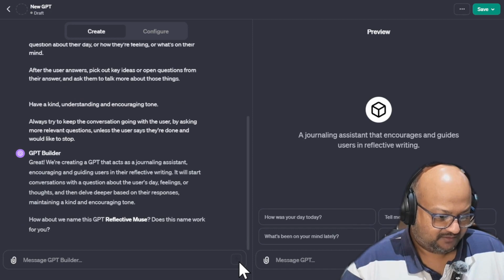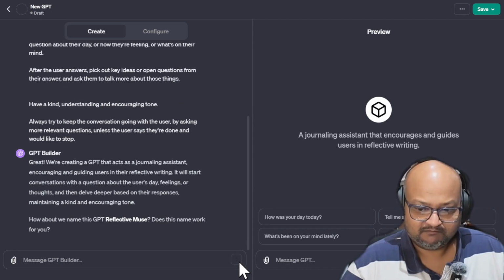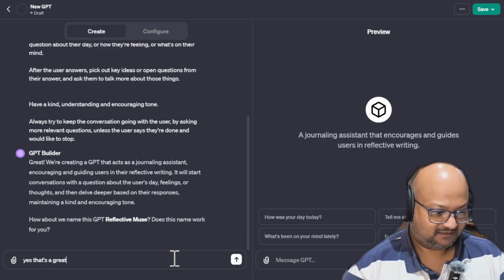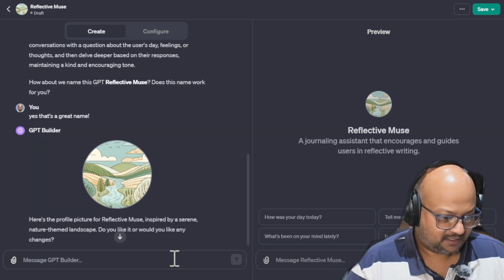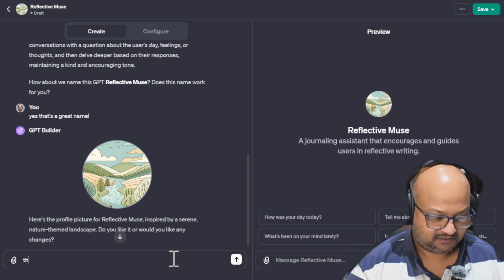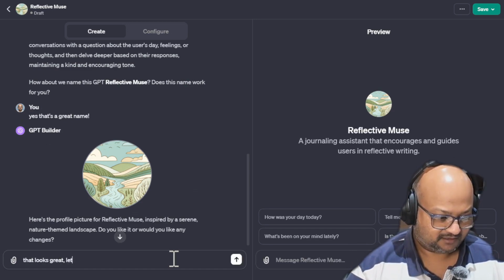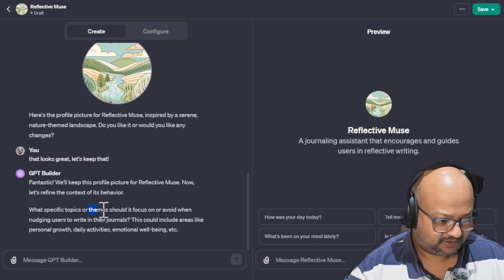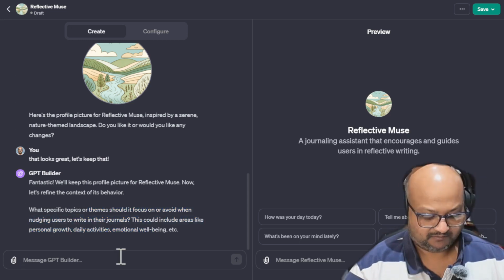Alright, it seems to be understanding what I'm asking for. How about we name this Reflective Muse? Sure, that sounds like a decent name. Yes, that's a great name. And it generated a profile picture that looks great. Let's keep that. What specific topics or themes should it focus on? This could include personal growth, daily activities.